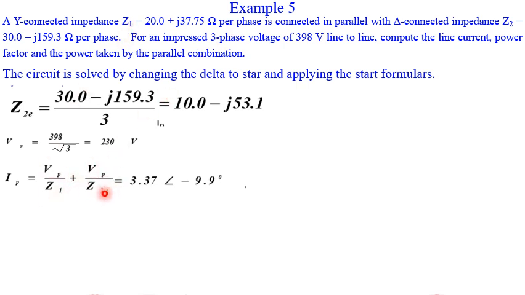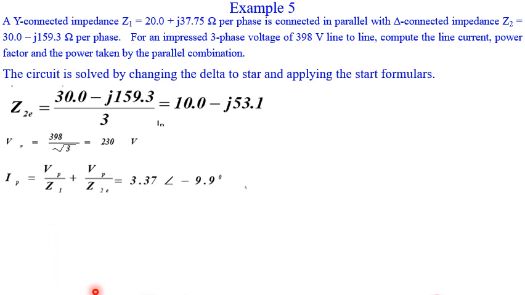That is what we do. Then after doing this mathematics, we simply get 3.37 with an angle, which will give you your angle. If you want, we can also leave it in the rectangular form like this. Then we've now found our Ip. Ip is simply equal to 3.37 amps.